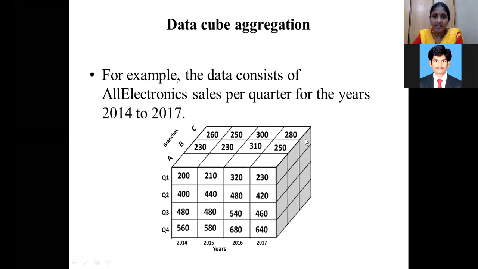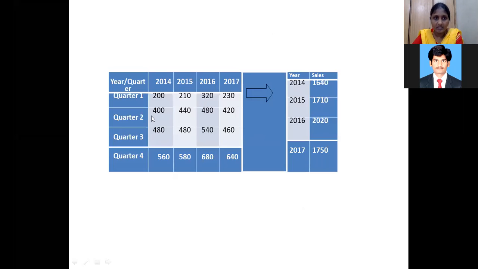When you go for aggregation, we can get the annual results. Here I have represented the same thing in a table format: quarter 1, quarter 2, quarter 3, quarter 4, for every year. After aggregating into a year, what is the total sales data for the year 2014?